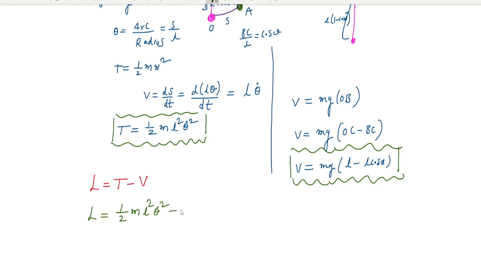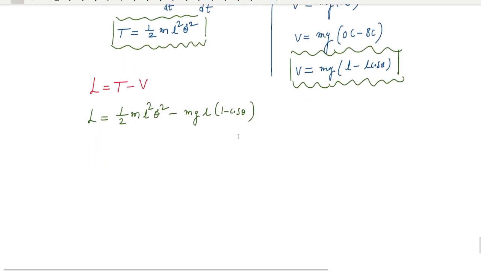Minus mgL, L is constant, times 1 minus cos theta. This is our Lagrangian. Now differentiate first with respect to dou by dou theta dot: the second term goes to 0. The first term, the 2 cancels, giving m L square theta dot.